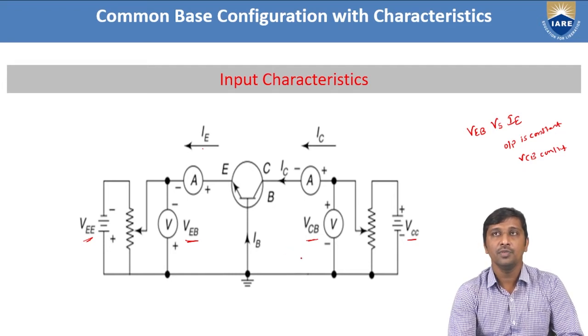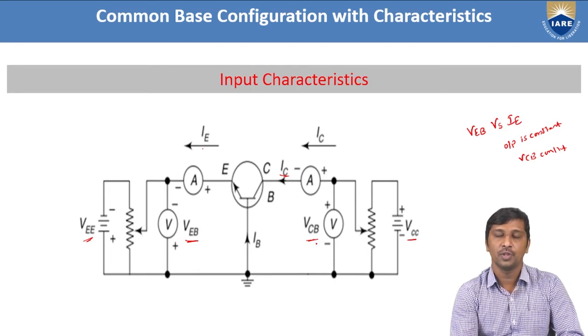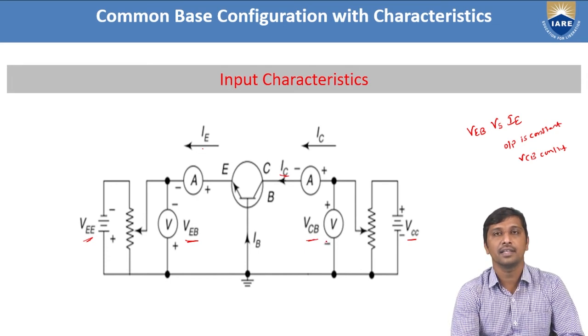Similarly, if you want to observe the output characteristics, what are the parameters available at the output side? We need to measure the output voltage and the output current. The output current is across the collector terminal, hence we define it as IC. The output voltage is across the collector and the base, represented as VCB, the potential difference between collector and base, while making the input constant.